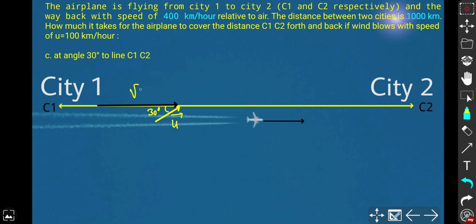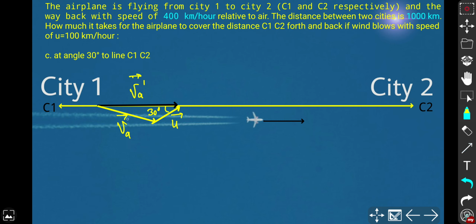So that's going to be the real relative velocity, so that the velocity of the direction, let's say, of the airplane against the wind is going to be this way, VA.